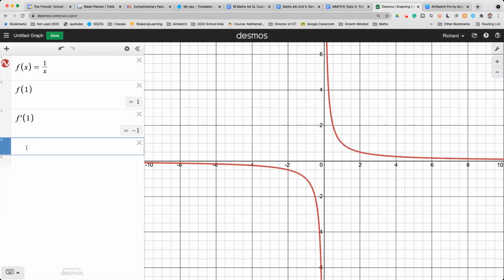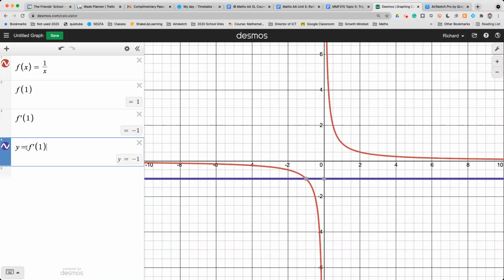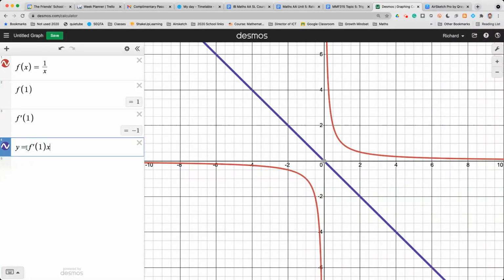Now let's form a linear equation with the same gradient. Let's make c equal to 0 to start with. y is equal to f dash of 1 x plus c. See how I'm using function notation instead of m?